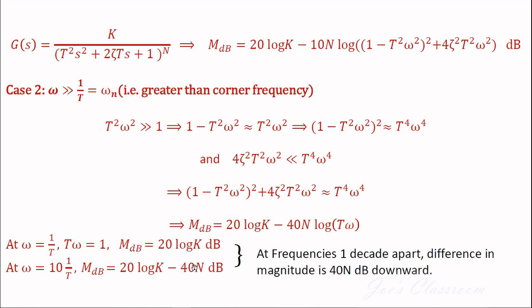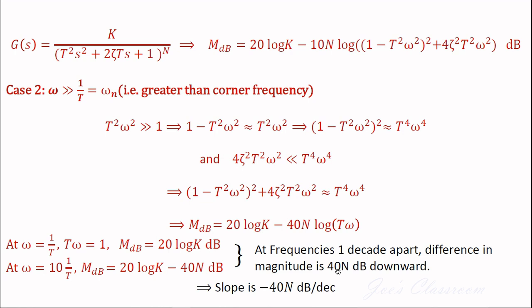You'll see that the difference is minus 40n. That means as the frequency increases 10 times, or moves by 1 decade, the change in the magnitude is minus 40n decibels per decade. So the slope of the line beyond this frequency is minus 40n decibels per decade.